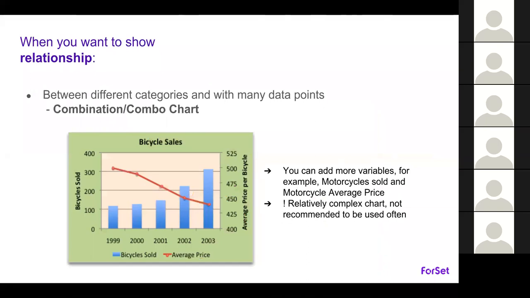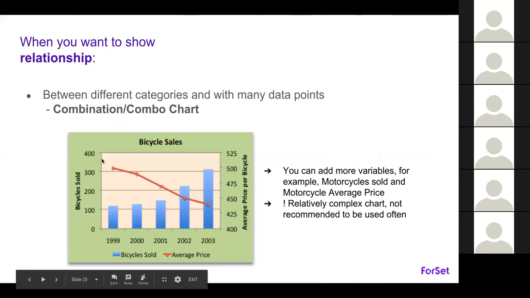Another kind of complicated chart is a combo chart, a combination chart, which is used for data when we want to show the relationship between different categories and when we have many data points. For example, in this chart, we see how many bicycles have been sold in those years and what the average price was.